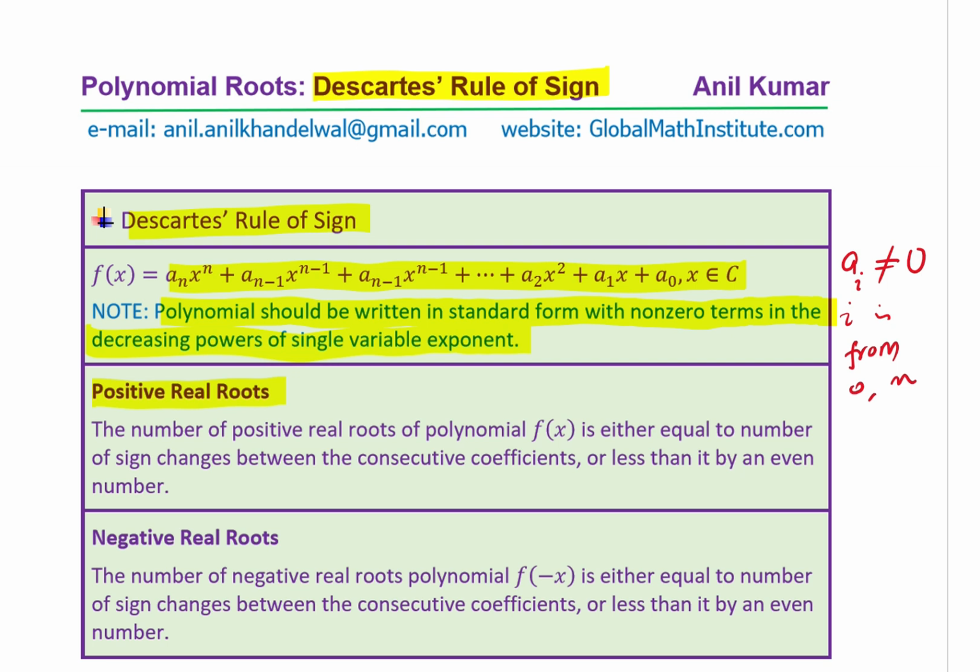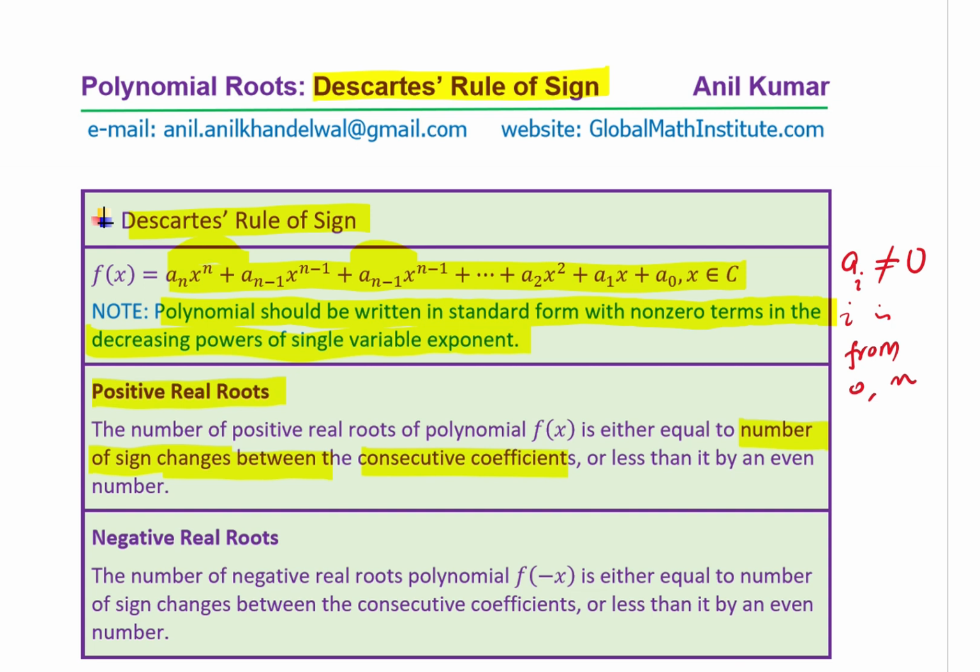Because if there are complex roots, they are always in conjugate pairs, correct? That is why. So what we need to do is to check change in sign, right? The number of sign changes between the consecutive coefficients, like this, right? We'll take up an example to explore more, right? That's what we are going to do.